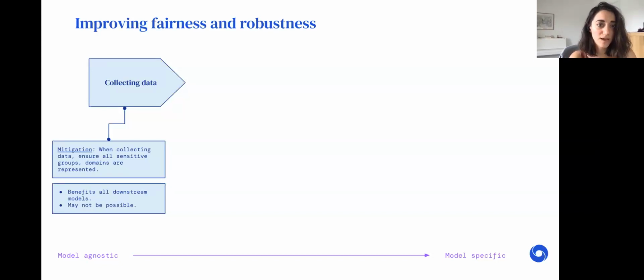So if we imagine the path of creating and deploying a machine learning model, we have various stages during which we can try to improve those two aspects that are often not tackled together. But in this work, we try to tackle robustness and fairness with one single method.